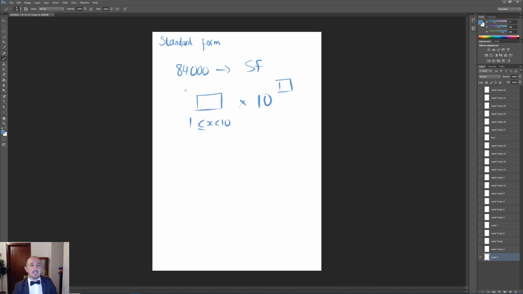So we look at 84,000 and we put the decimal place somewhere that will make that number between 1 and 10. If we put the decimal between the 8 and the 4, then we'll get 8.4. And then we have to decide how many spaces the decimal place moved to get to the end of 84,000. So we go 1, 2, 3, 4 spaces to the right, so that's going to be 10 to the 4.